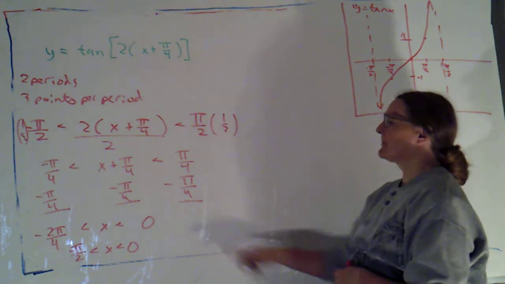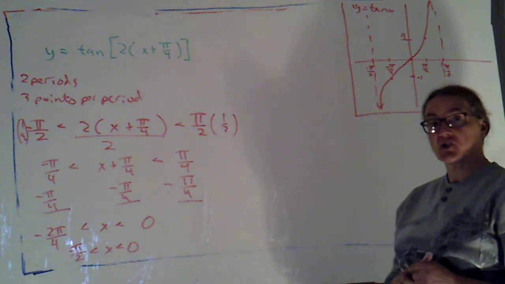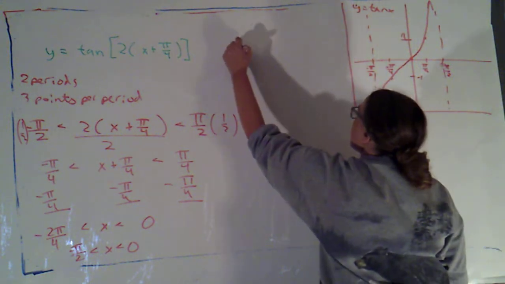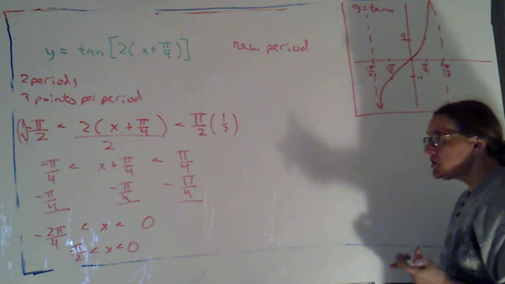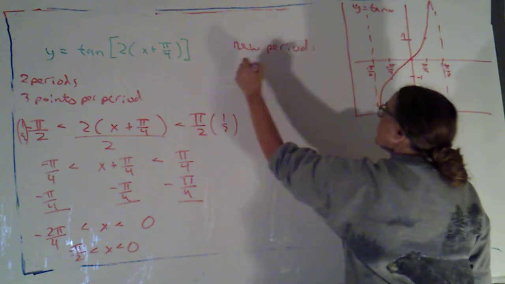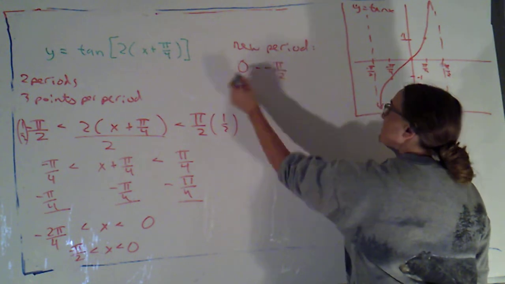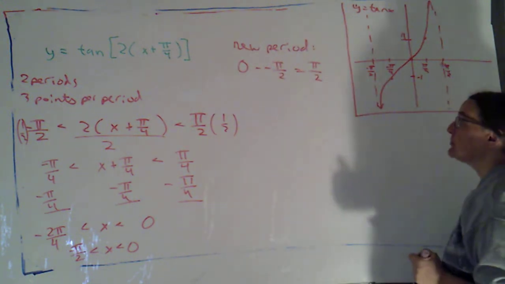Okay, so I know when I'm graphing now, that gives me a starting and an ending point. Just like with sine and cosine, I'm going to figure out what the new period is. And I have, again, 2 ways of doing that. I can say it's my ending point 0 minus my starting point. So it's 0 minus negative pi over 2, which is pi over 2.